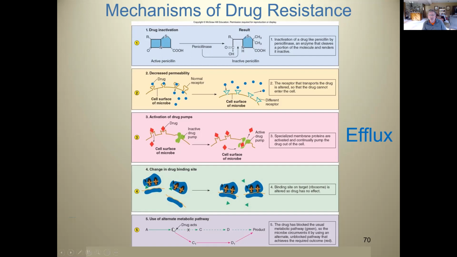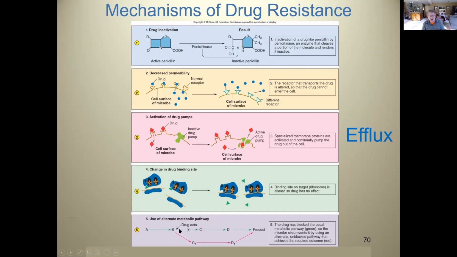Well, here, what's going on is the bacterium evolves basically a workaround, right? So let's say this is trimethoprim or sulfonamides, which prevents, remember, the conversion of a given substrate into a product. And as you know from A&P and biology, metabolic pathways involve numerous enzymes working together to convert eventually these different chemicals into some desired end product that the cell needs.